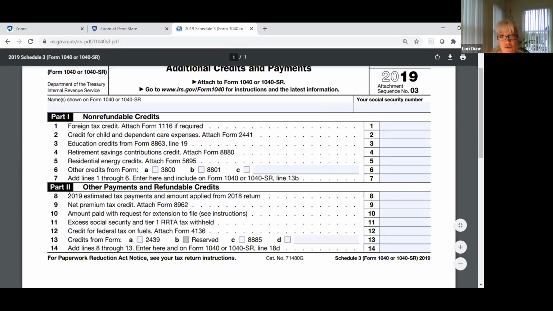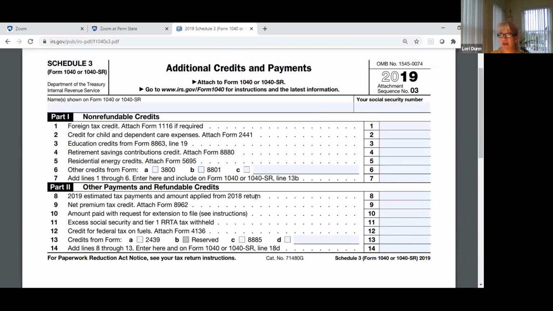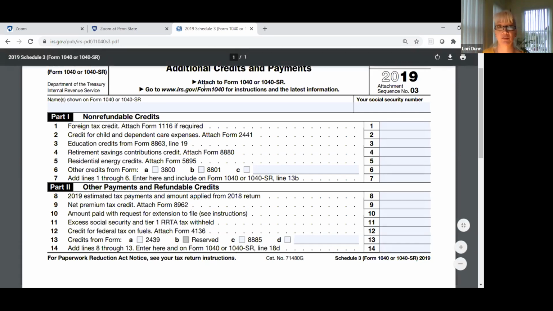And this is where we're going to report how much we paid if we made estimated payments during the year to the government. Any excess Social Security tax withheld goes on line 11. And it's treated like you paid that in towards paying your taxes. So what it'll do is that excess will be refunded to you. So you do get it back. You just have to wait till you do your tax return.